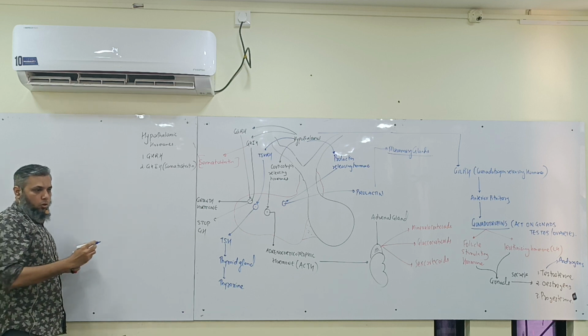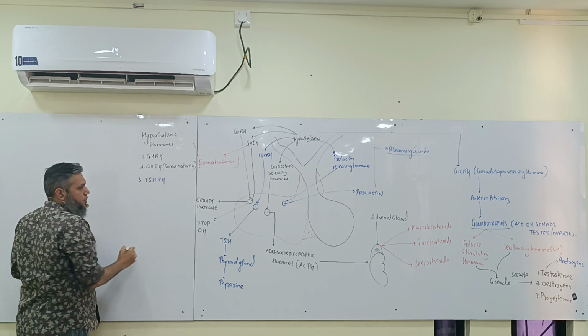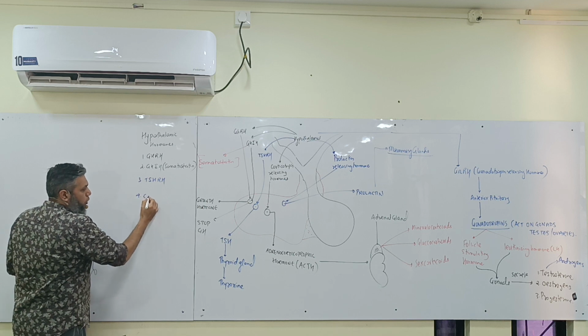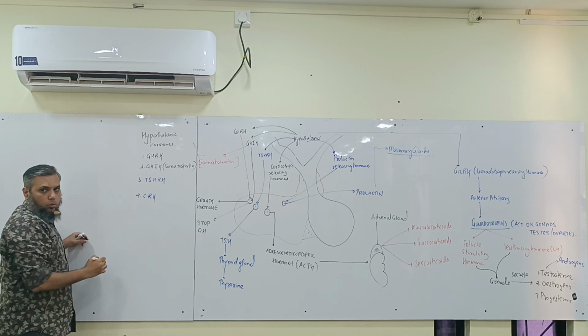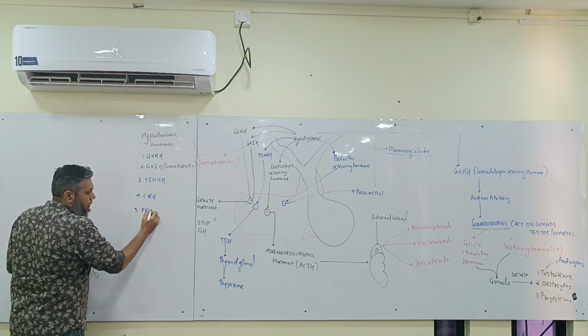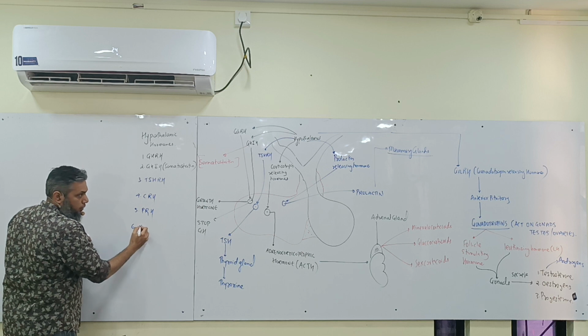What is the next group of hormone? Thyroid stimulating hormone releasing hormone. Fourth one is corticotropin releasing hormone. Fifth one is prolactin releasing hormone. Sixth one is, at what?